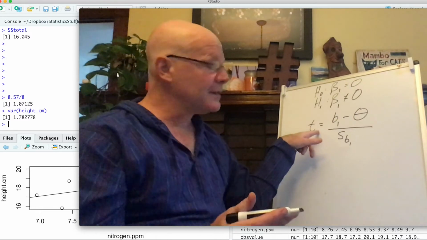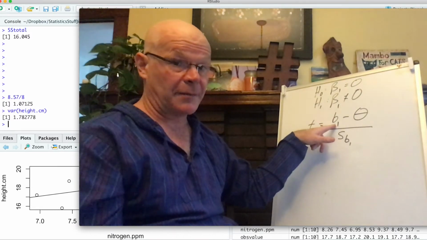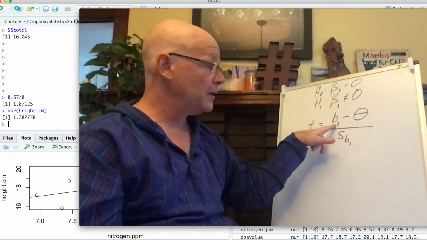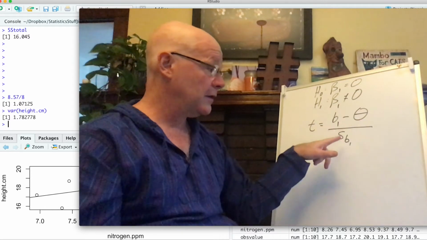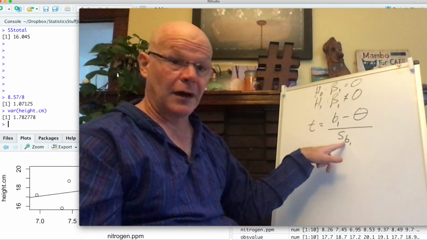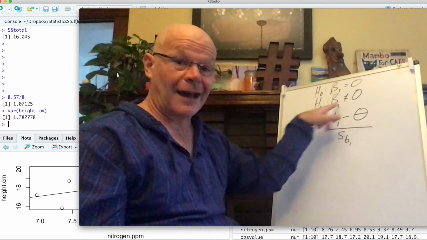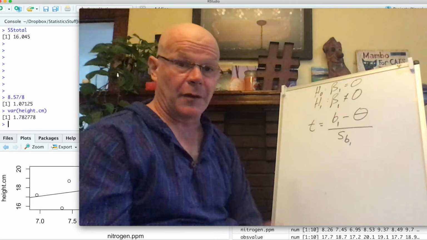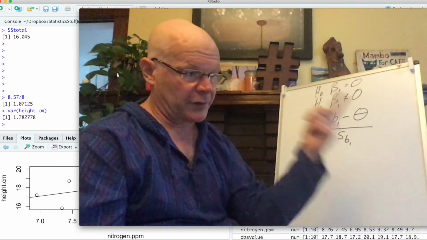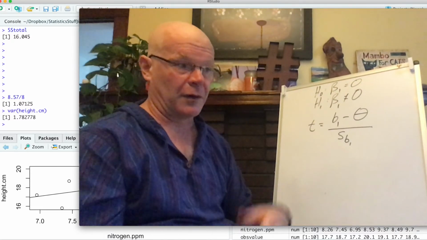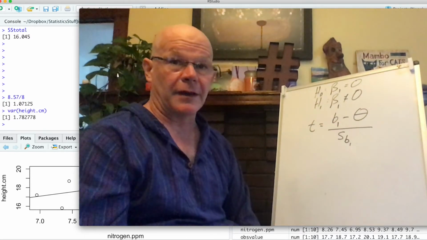But again, this is a t-test. There's our observed value for our location parameter, in this case the slope. There's our hypothesized value, in this case 0, and the uncertainty around our estimate of the slope. This is the exact same formula that we used when we used the t-test to compare means, when we used the t-test to test hypotheses about the correlation, and now we're doing the same thing with the slope.